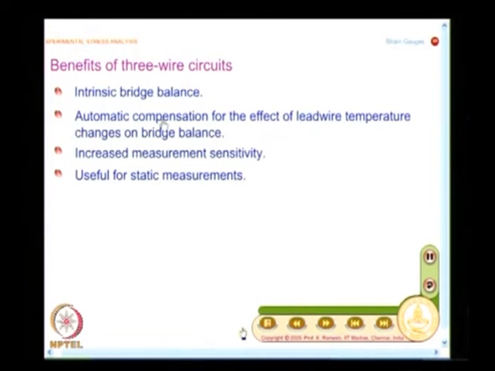It has the automatic compensation for the effect of lead wire temperature changes on bridge balance, and it also has increased measurement sensitivity, and definitely recommended for static measurements, because temperature effects are significant when you are measuring over a period of time. So, you need to compensate for temperature change, and for static measurements, when you are using a quarter bridge, go for a 3 lead wire system.